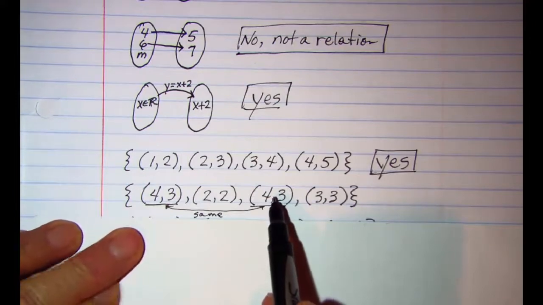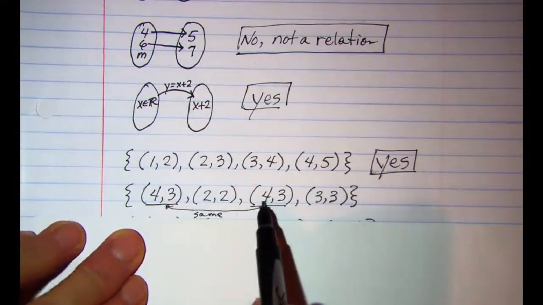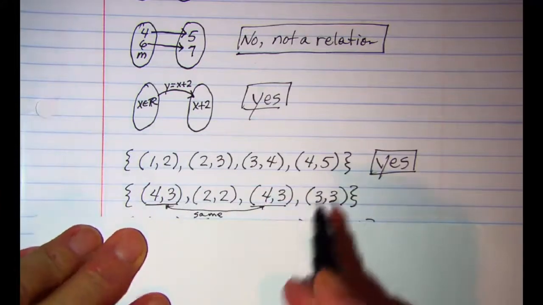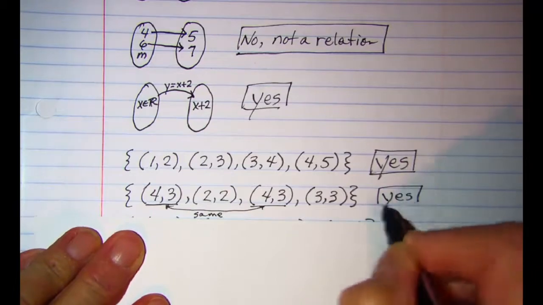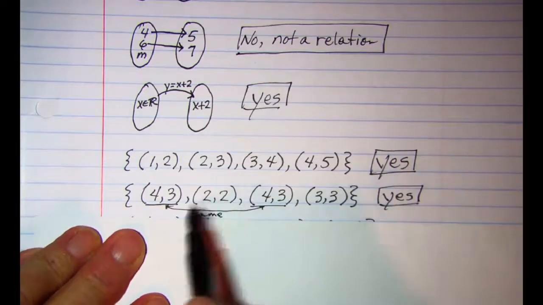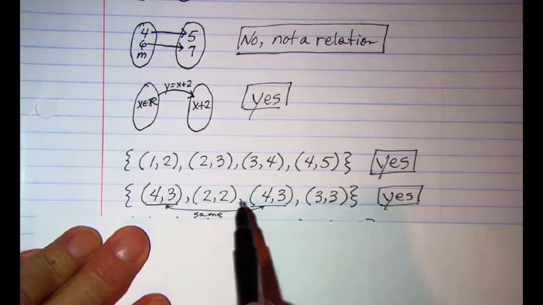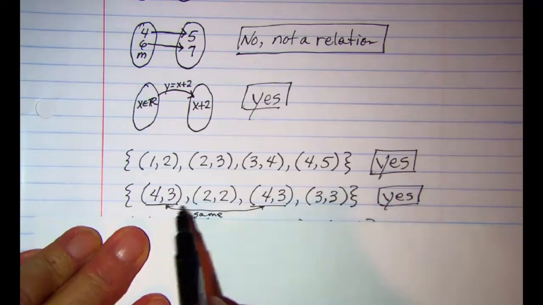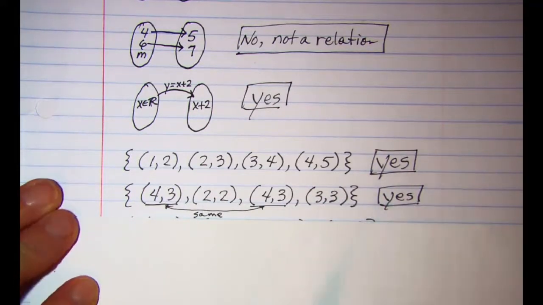Usually when you write a set, you don't duplicate the elements. But this one, we just wanted to make sure that you knew that it is a function because each domain element maps onto exactly one range element. 2 maps onto 2 and 3 maps onto 3.